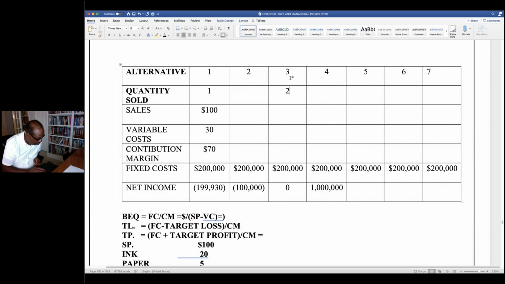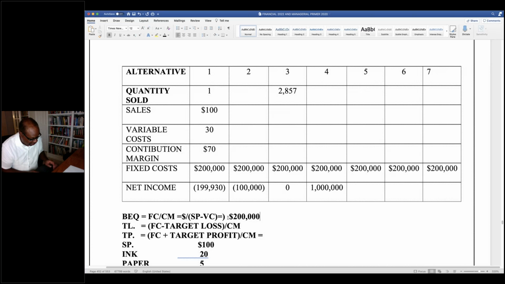Okay, can you tell me how you got that? I don't understand the formula. Let's go to the formula. The formula says the fixed cost, which is what? 200,000. I thought y'all said y'all understood this.